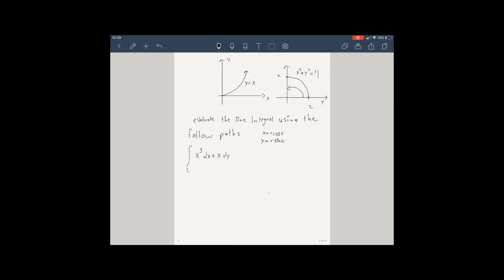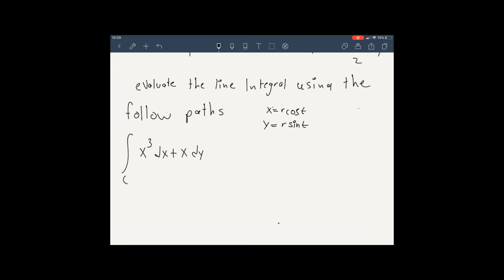And since we have an equation of a circle, we know that r is equal to 2. So x is equal to 2 cosine t and y is equal to 2 sine t.